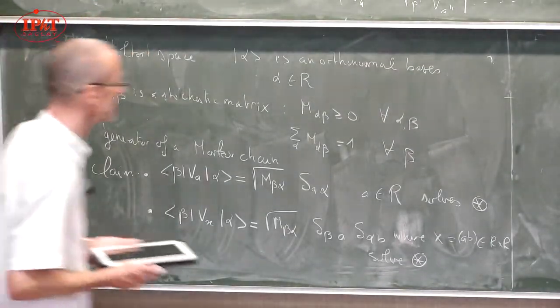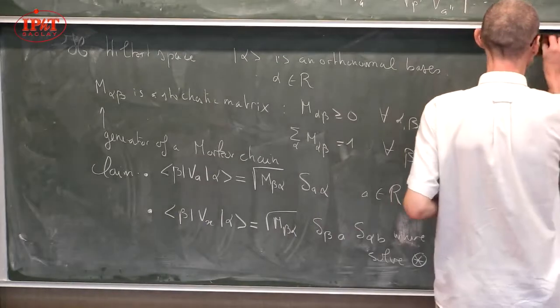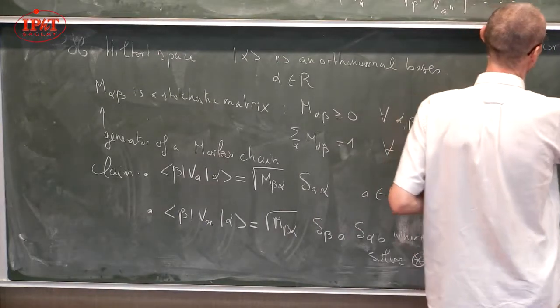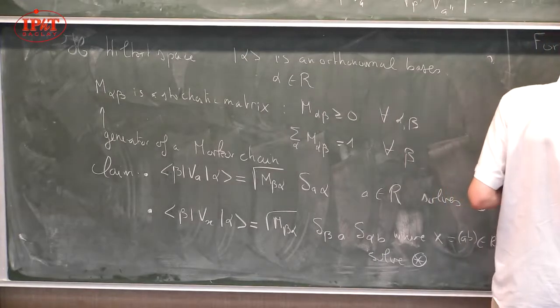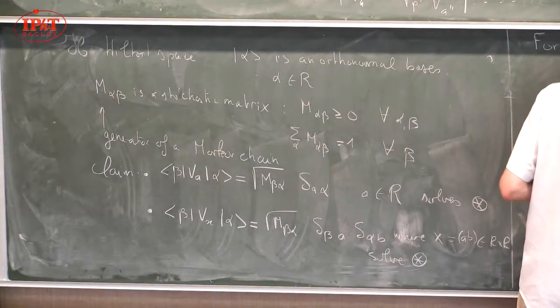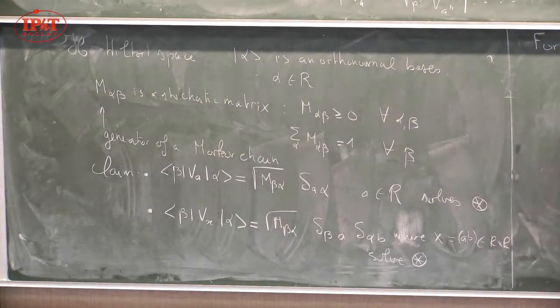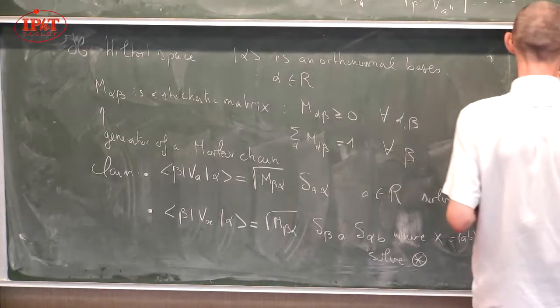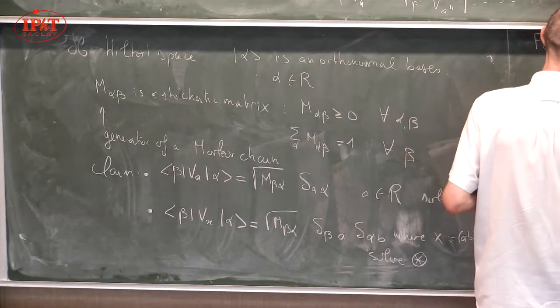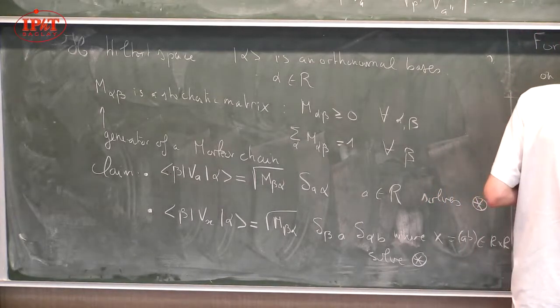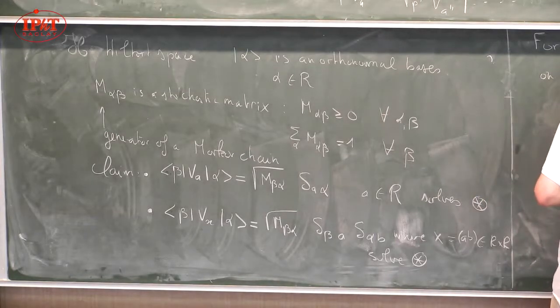And what is interesting for both of them, the average evolution on the diagonal is the standard Markov chain master equation.